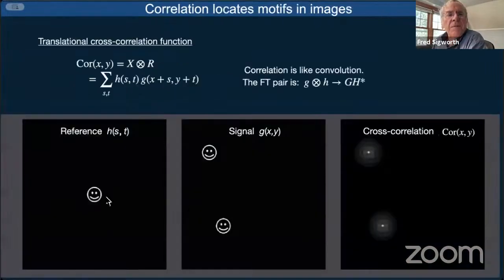So here's an example. Here's a reference, and let's say this is the signal. If I compute this correlation, what I get is two really beautiful peaks, which represent the locations of the original object.